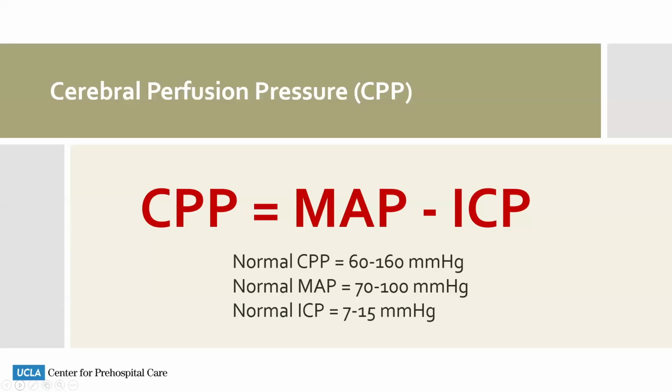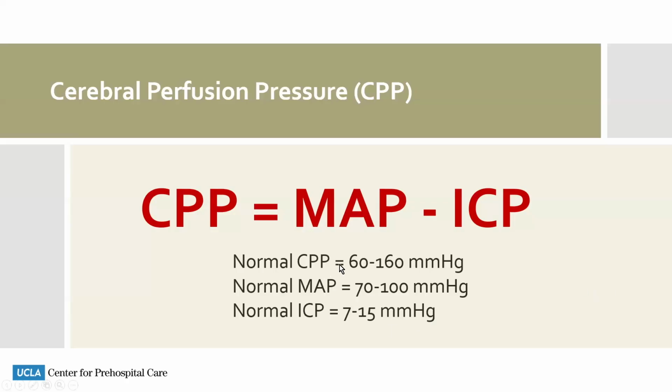It's cerebral perfusion pressure. And maybe these figures are slightly different than what I told you yesterday, but the normal cerebral perfusion pressure is somewhere around 60 to 160. Like I said before, the brain is very able to maintain its own cerebral pressure to a certain limit, irrespective of what goes on down the rest of our body.